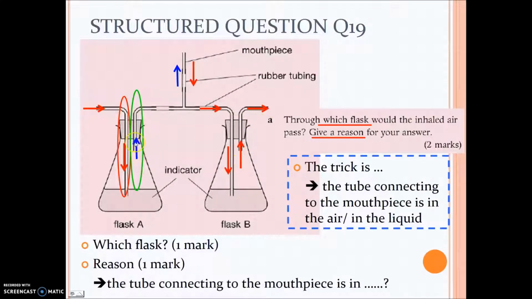So in this case, the air will flow from this part and then go into your mouth cavity. And when you breathe out, the air will go along this tube down to the water. You may think, what if we breathe in along this tube? Is it possible? It's not possible, because it's just like putting a straw into the water and then you suck through the straw.